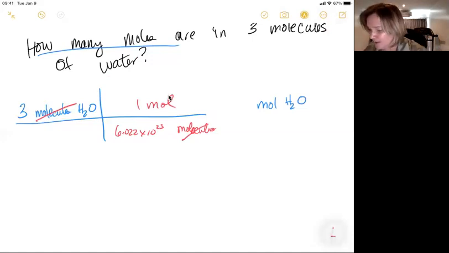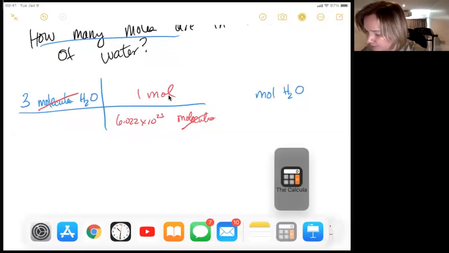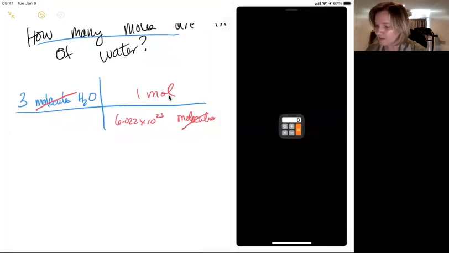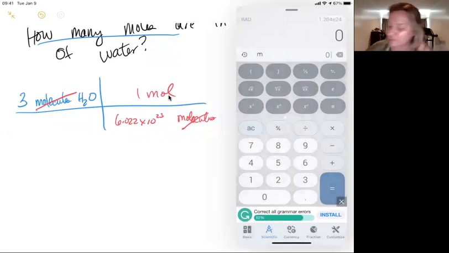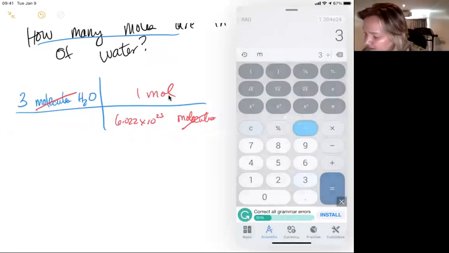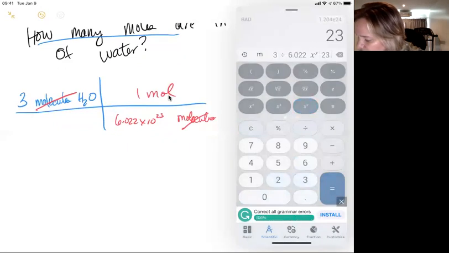So again, I'll do the calculator. Oh, I forgot to say something, but I'm going to mention it after this. So 3 divided by 6.022 times 10 to the power 23.